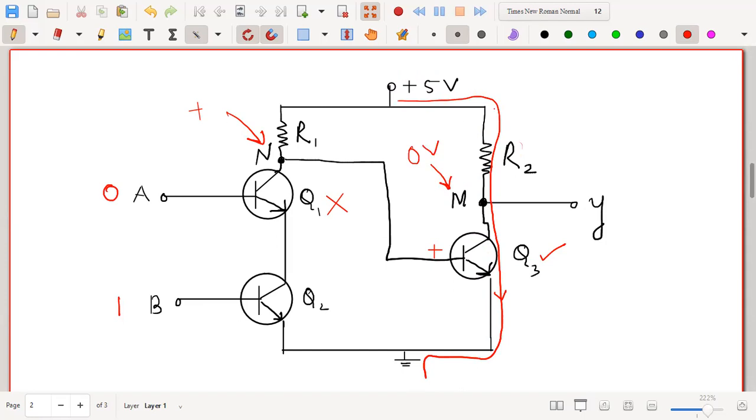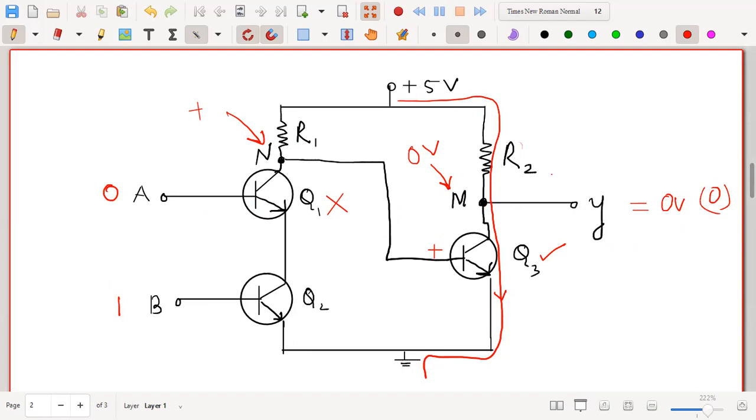Because the current is now flowing through this point to the ground potential, from positive potential to the ground potential, this point M would be driven to ground potential. As a result the point Y is also at 0 volt, or you can say it is at logic 0. If both are 0 also, the same thing will happen, and if B is 0, then also the current cannot flow through this path.